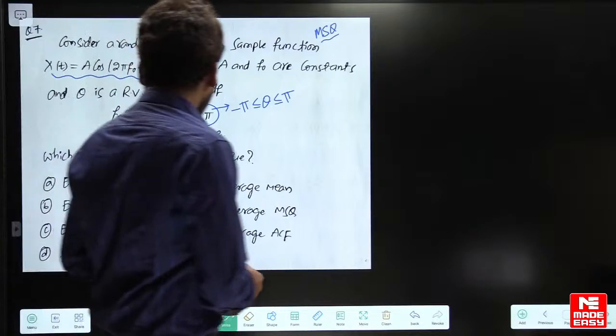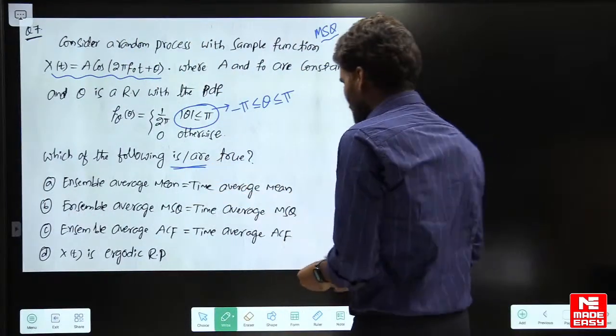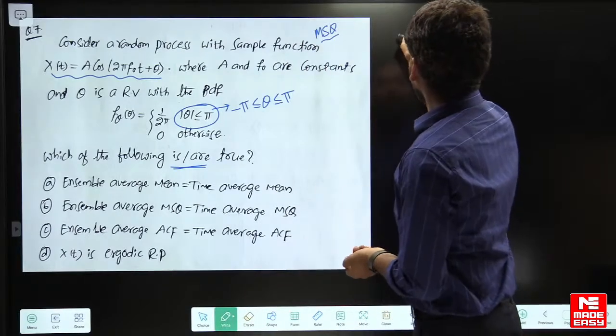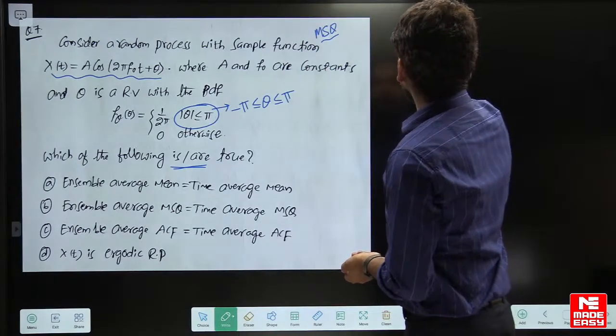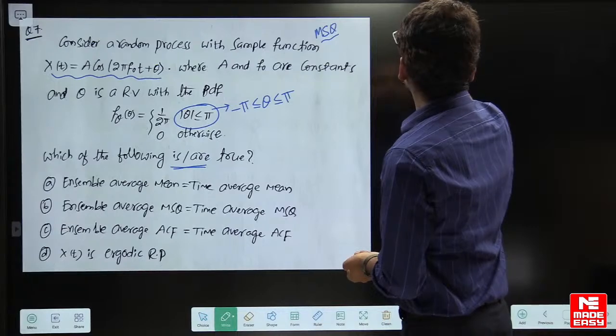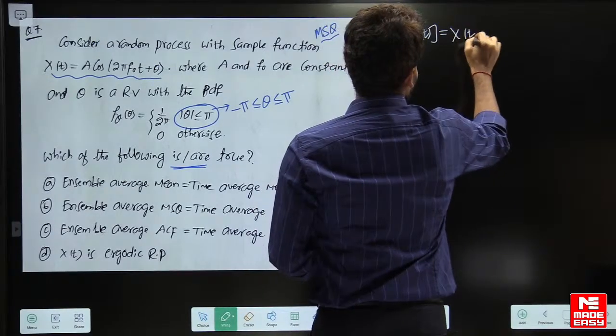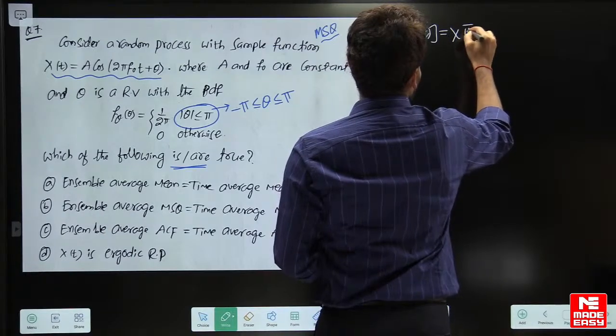Let me find the ensemble average mean first. The ensemble average mean you can denote with expectation of x(t), which is x(t) bar.